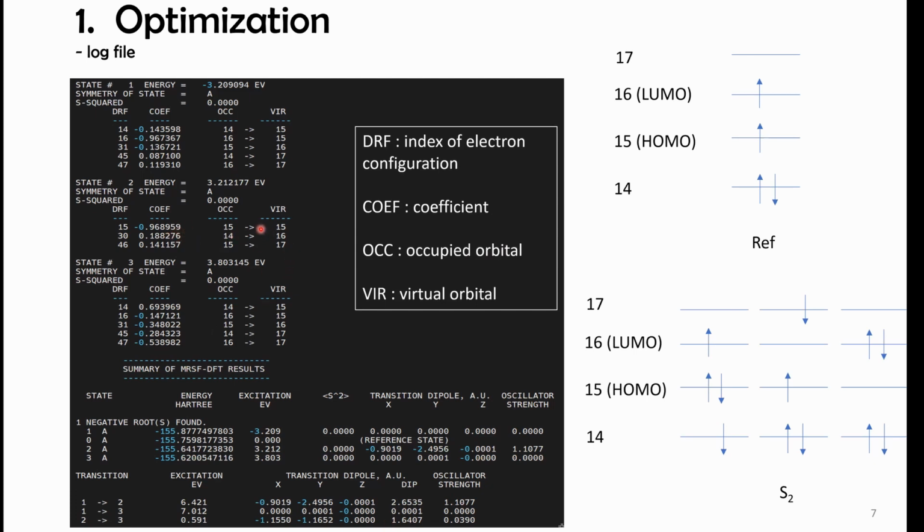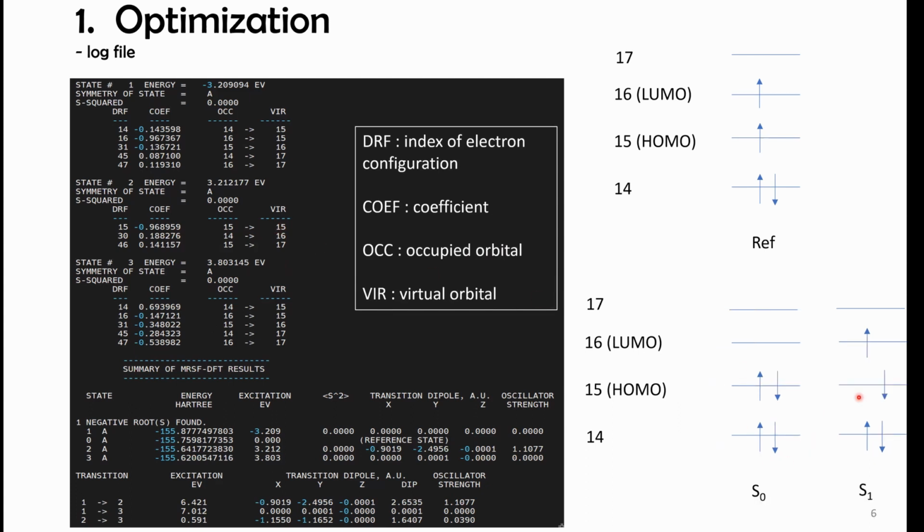So it will still be the main contribution, a triplet-style contribution, or will a triplet configuration be the main contribution? If you go from the reference 15 to 15, but then you flip spins, yes, it's a singlet.